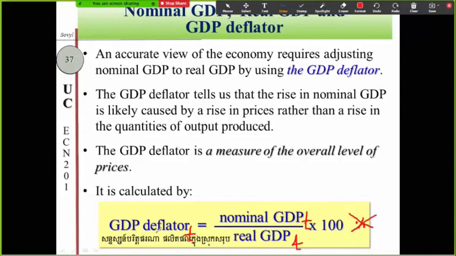Why not a percentage? Because this is an index. An index is a number that we use in order to compare. There are no units for an index.